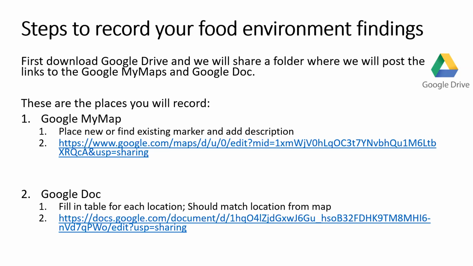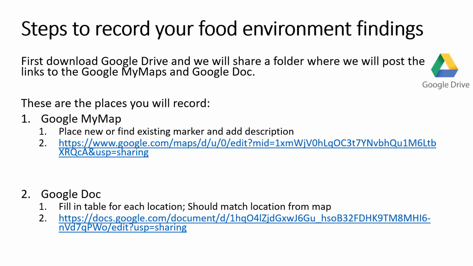But we'll also discuss, depending on what device you have, you may be able to go directly into Google My Maps, or you may go directly into your Google Docs if you already have that downloaded as an app on your phone. So there are 2 places where you're going to record information. One is the Google My Map, which we'll go through in a second.